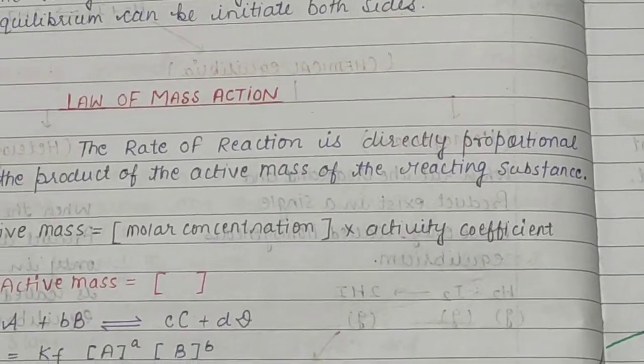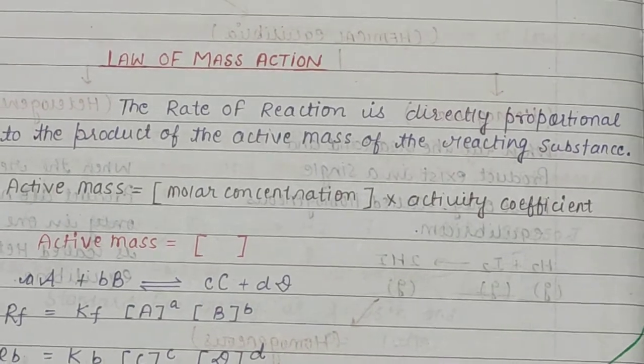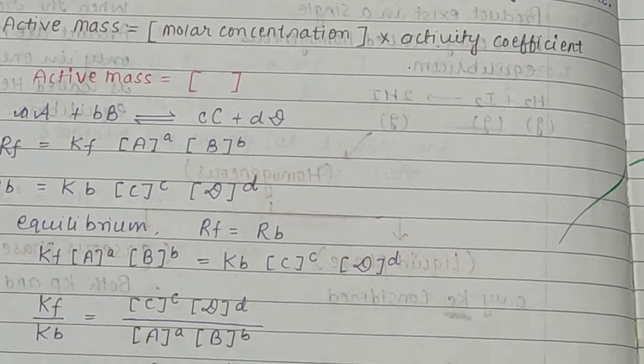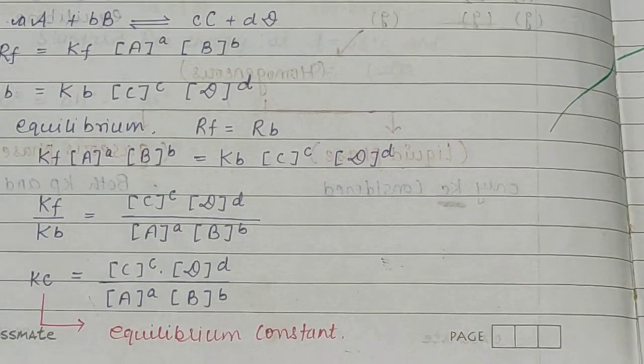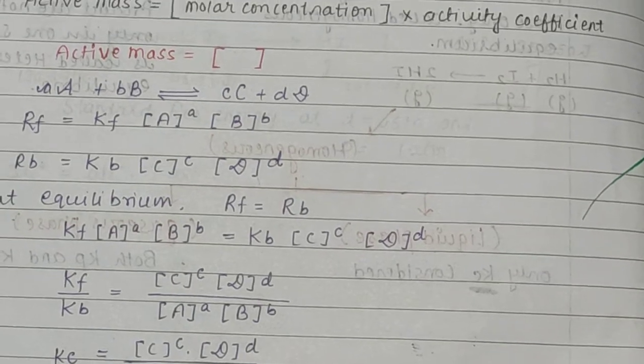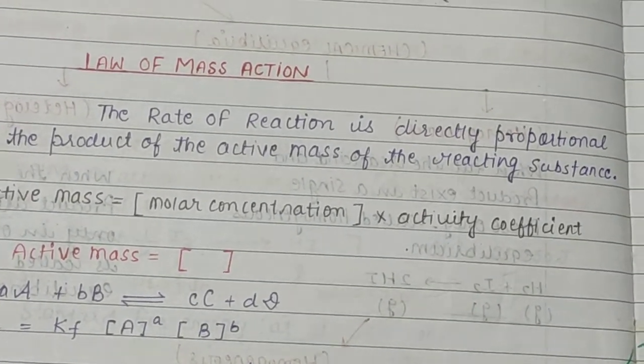You can note it from here also. You can make your notes by taking a screenshot also. So this Kc is known as the equilibrium constant, and this is basically the law of mass action.